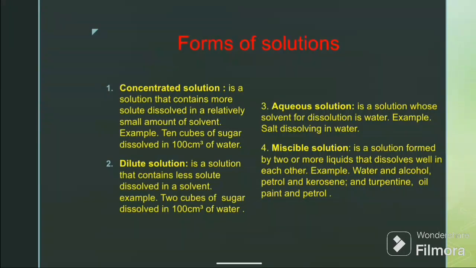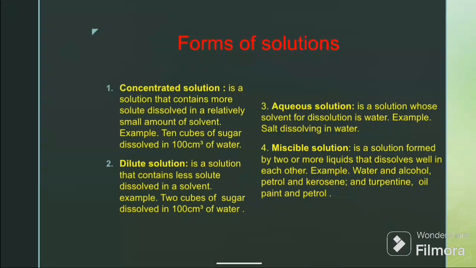We can mix water and alcohol together to have a well mixed solution. We can mix petrol, kerosene, and turpentine to have a well mixed solution. We can have oil paint and petrol, which will give us a very uniform mixture.